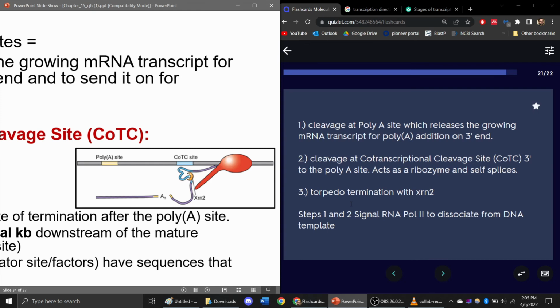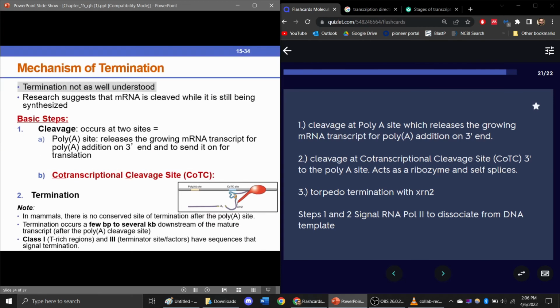But then you get torpedo termination. Those two steps together, the cleavage and then the COTC cleaving itself, are going to signal your RNA polymerase II to dissociate off of the DNA template. And then you have torpedo termination, which is the last slide.